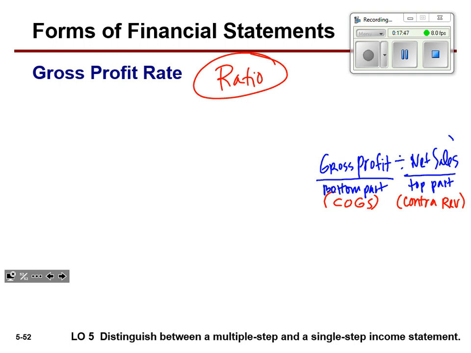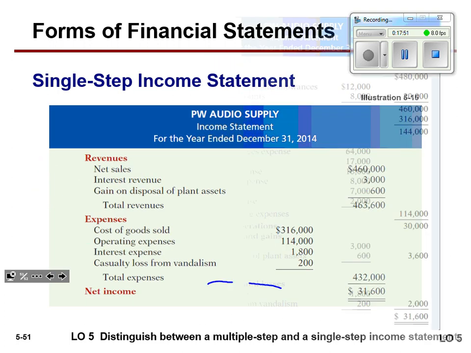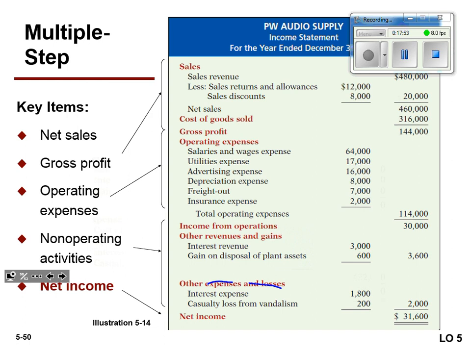Ratios are simply a quick little math problem to analyze what's going on here. So I can present this to my manager, boss, decision maker, and they can pull numbers out of there and run what's called a ratio to see how successful we're being as a business, or productivity, if you will.